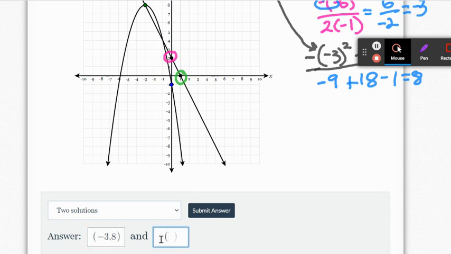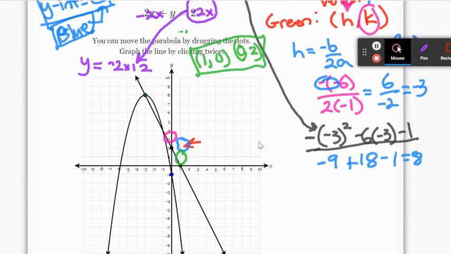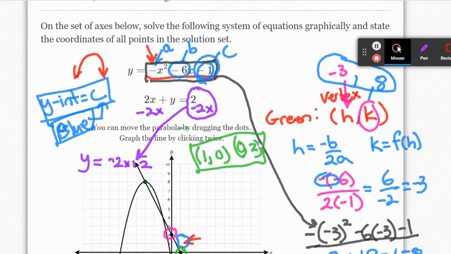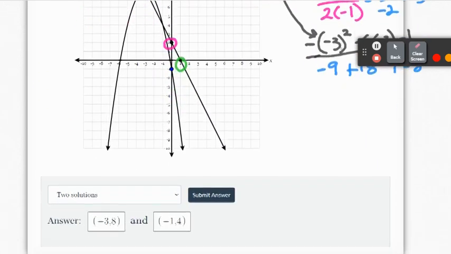So open parentheses, negative 1, 4. And then I submit that, and I have successfully solved the system by identifying the 2 locations where it intersects. And again, from the beginning, when it asked for what are all the points in the solution set, it means where or how many points of intersection do you have. And now we have completed the process.